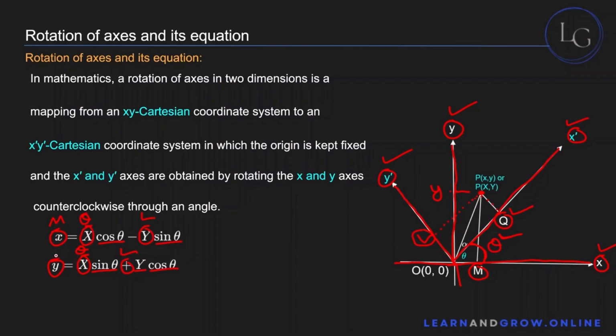That will give you the old y value, which we name y, the value of this point in the original axis.